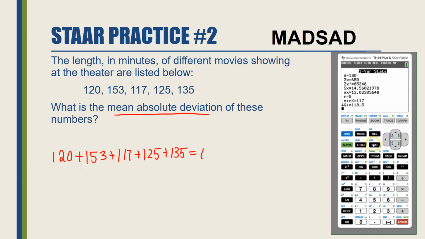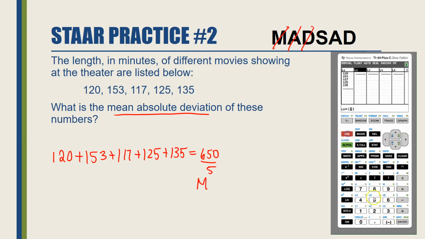Once we add, we should get a total of 650. Then we're going to divide by how many numbers there are. There should be 5 numbers in my data set, which will give me the mean value of 130.